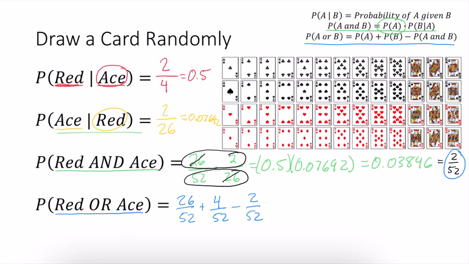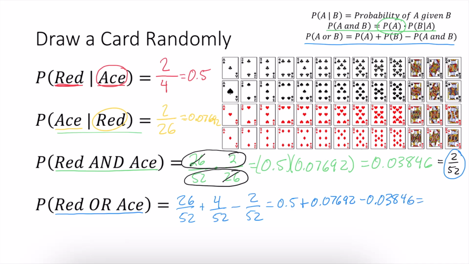Sometimes you'll need to actually calculate it if you haven't calculated it in an earlier part of the problem. And just like we did in the problem above, I think the easiest way to do this is to think about them in decimal form. So you'd say 26 out of 52 is 0.5. We're going to add that to 4 out of 52, which is 0.07692. And then we're going to subtract 2 out of 52, which is 0.03846.